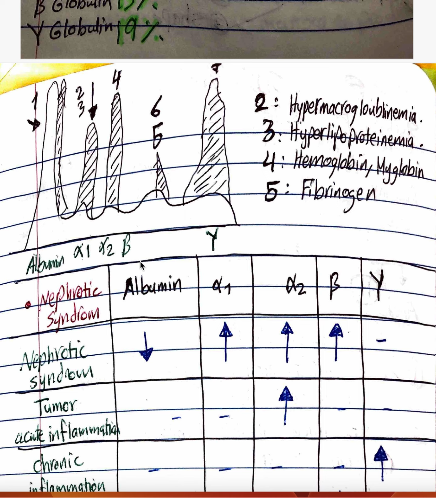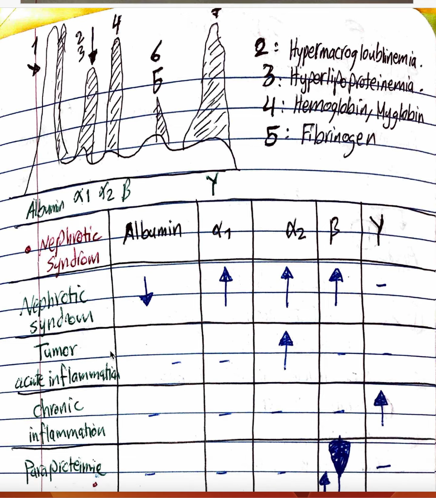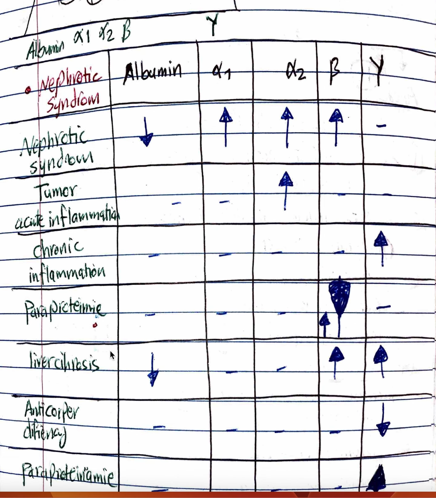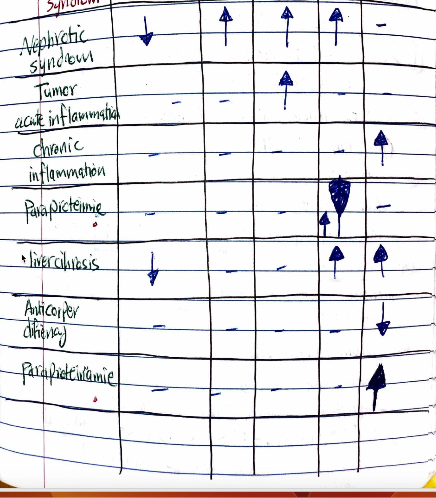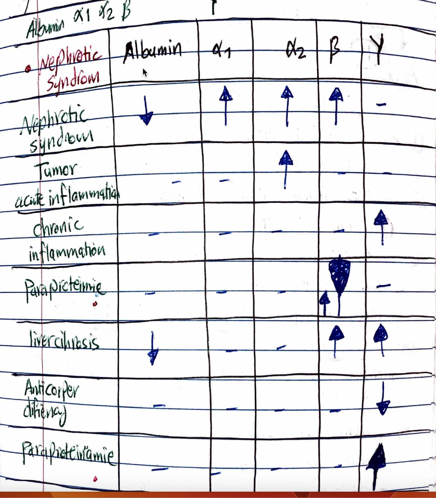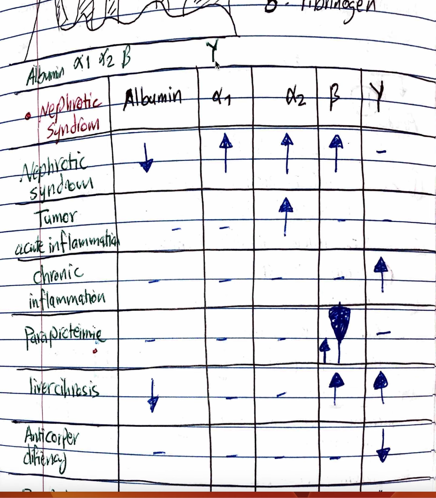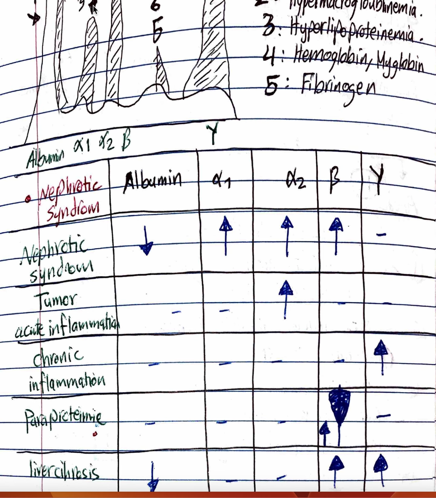Other causes like malnutrition, malabsorption, nephrotic syndrome, inflammatory conditions, vascular morbidity, overhydration, pregnancy, liver cirrhosis. So all decrease the albumin. The only thing that increases the albumin concentration is dehydration.